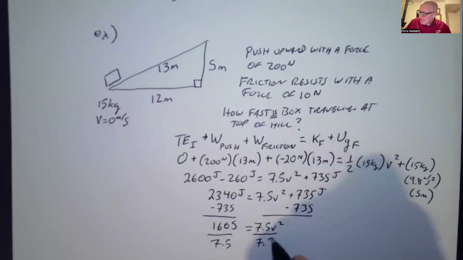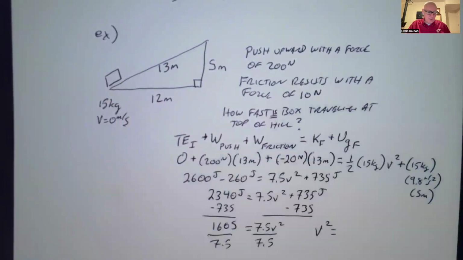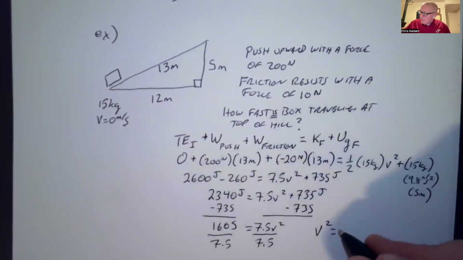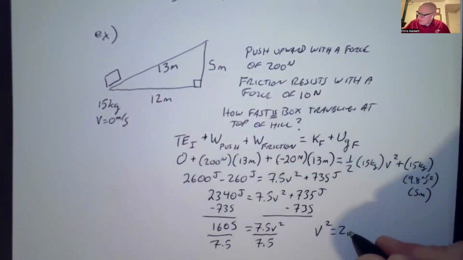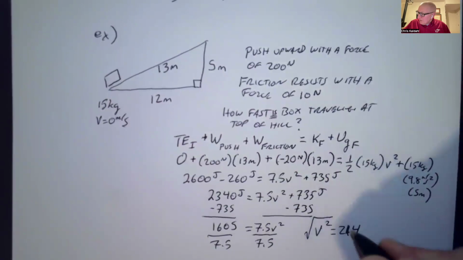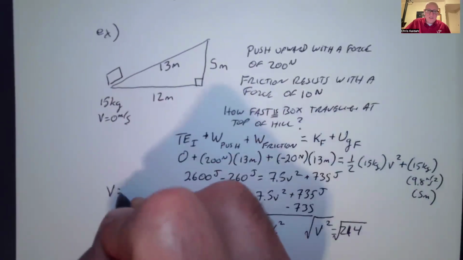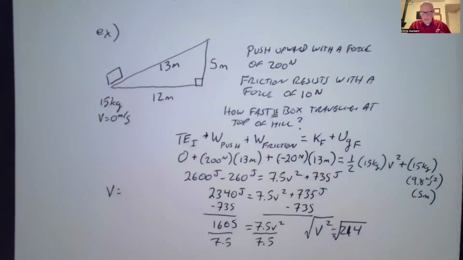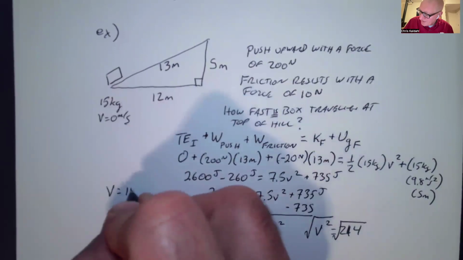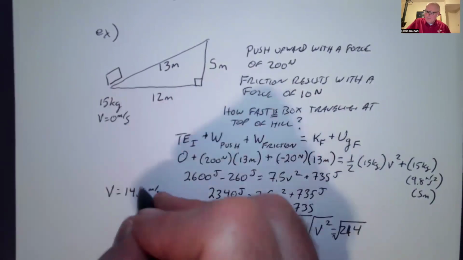And don't forget, that's not what v is, that's what v squared is. And that's going to be 214. Last step, square root both sides, and we figure out that the velocity of this thing at the top of the hill ends up being about 14.6. And since it's a velocity, that would be in meters per second.